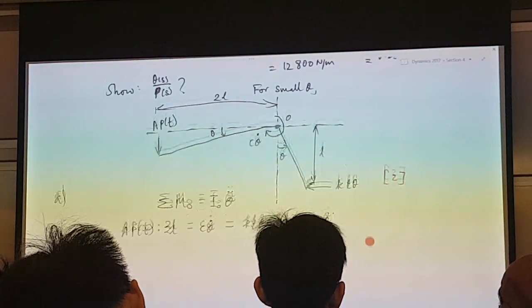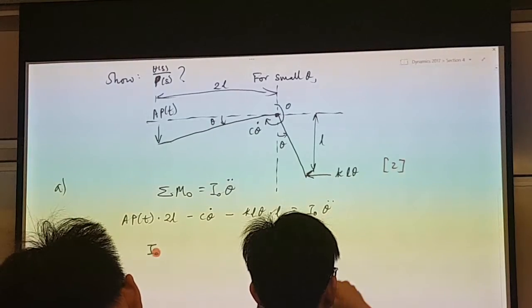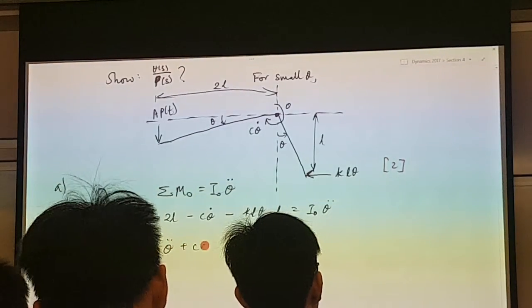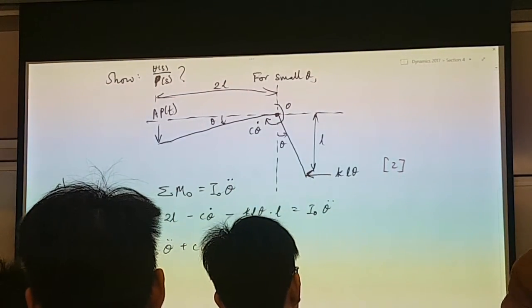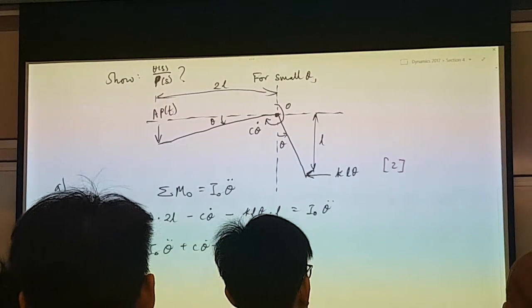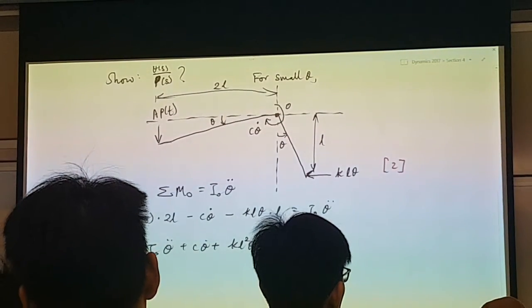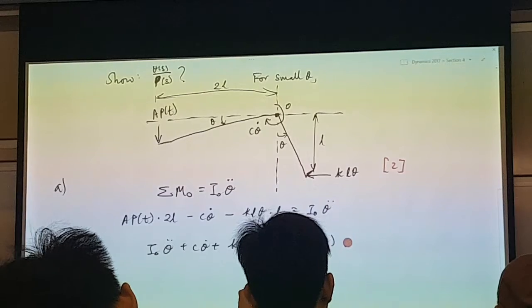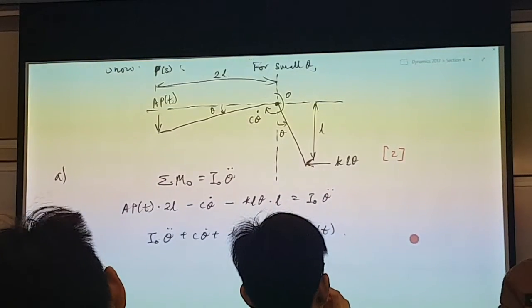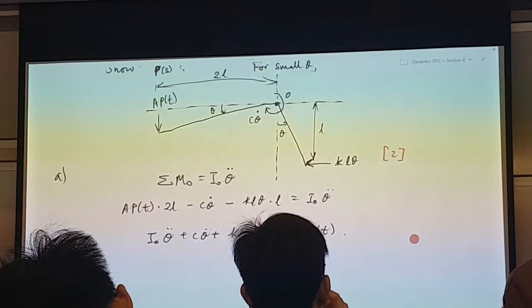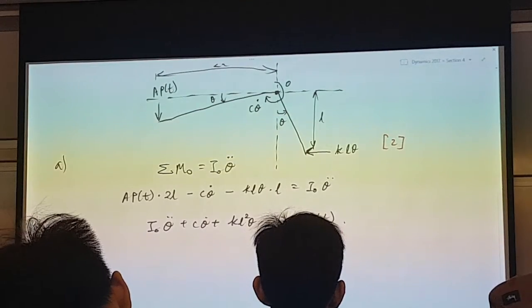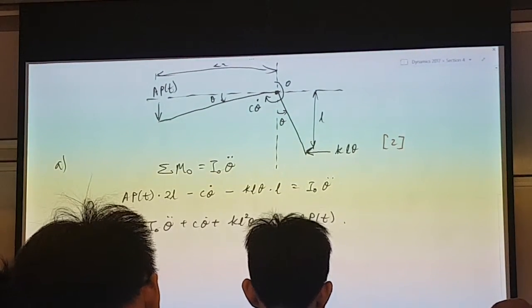So I can readjust a bit. I naught theta double dot plus C theta dot plus K L squared theta equals 2L A(t). Just readjusting the equation. Next thing I do is to take the Laplace transformation.